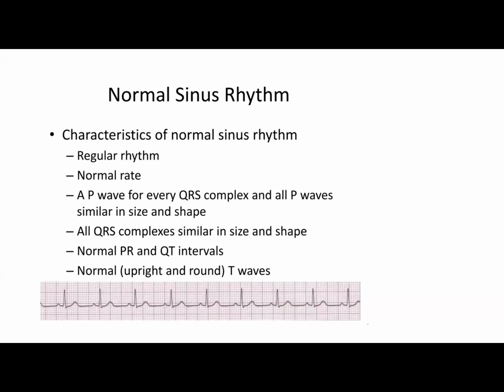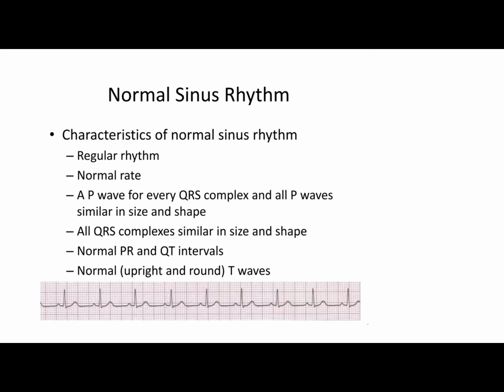It is very important to have a normal constant PR interval as well as QT interval. Why is this important? If there is a prolonged PR, what will be the result? If there is a long QT, what will be the result? We'll be seeing in the following slides. We also need a normal upright T wave. These are the characteristics of a normal sinus rhythm. Only when we know what is normal will we be able to diagnose what is abnormal.